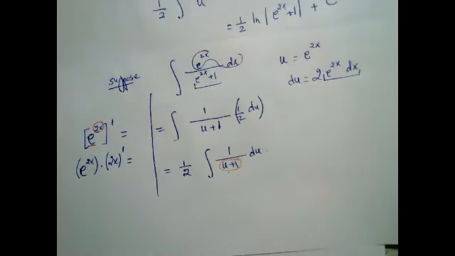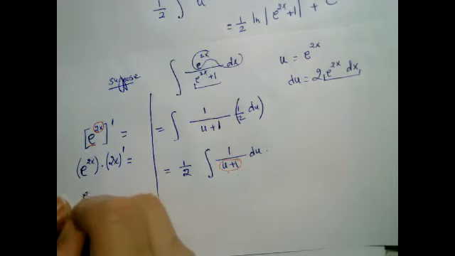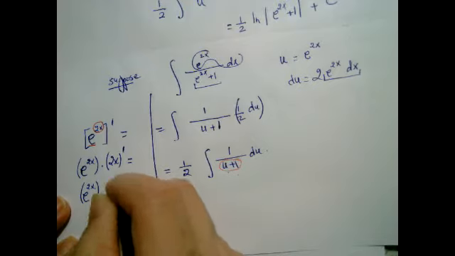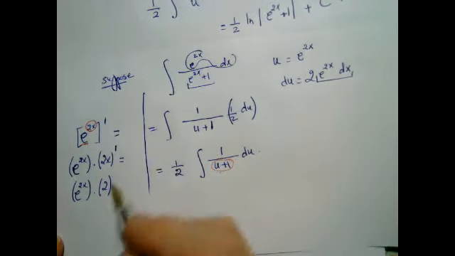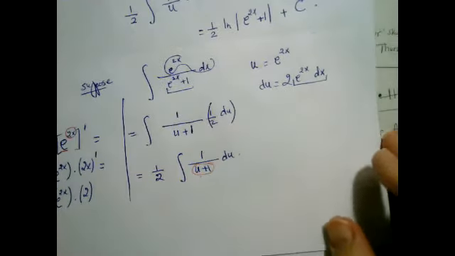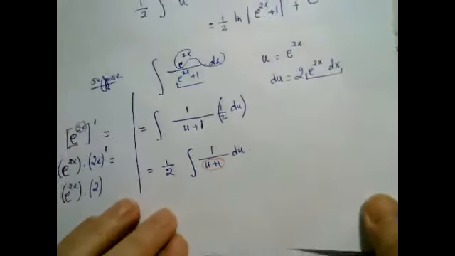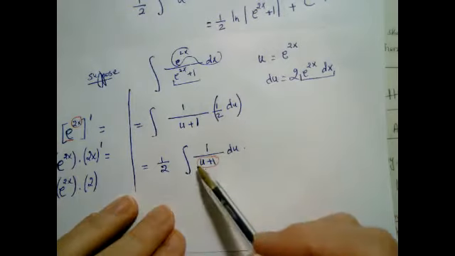To be very careful, that is e to the 2x times the derivative of the inside, which is 2. All right, that's how we get that. So remember the chain rule. Please start reviewing.